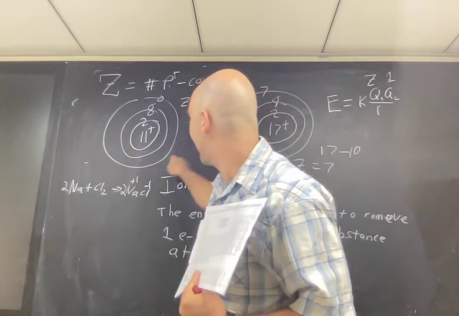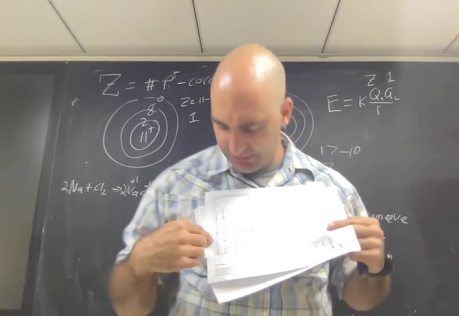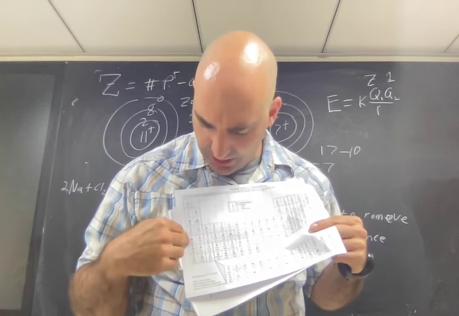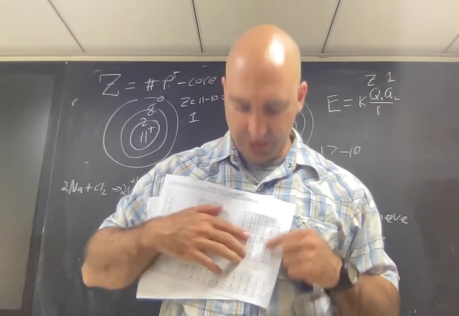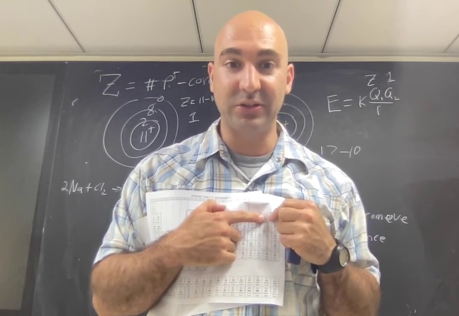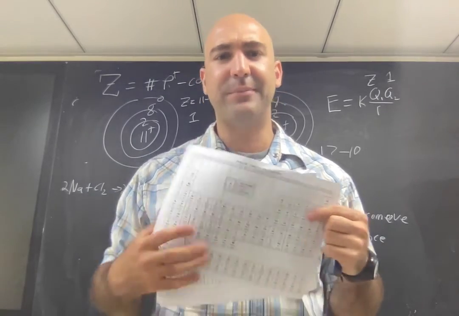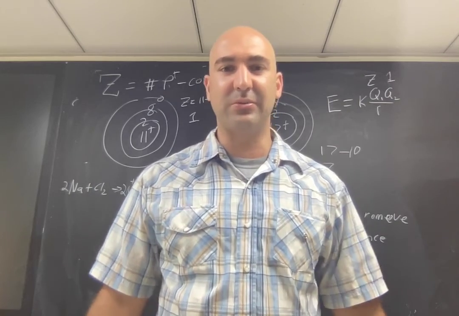And with each additional shell, the radius gets bigger. And that's why cesium and francium and rubidium have the lowest ionization energies, whereas over here, fluorine has the highest ionization energy. They could measure ionization energy for noble gases, but it's not usually discussed because they don't really react.